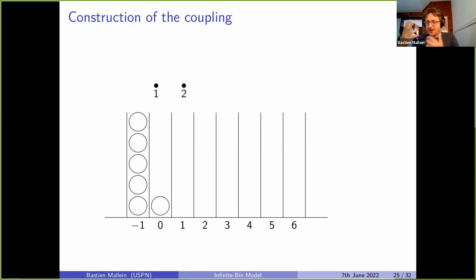Now I add my second vertex 2. Sorry, there is an edge between 1 and 2. And so the length of the longest path ending at vertex 2 is exactly equal to 1. I have this path of length 1 between 1 and 2.